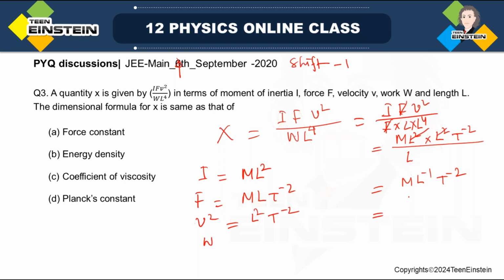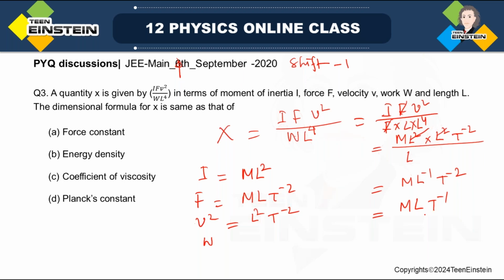So look what I can write. I can write ml t to the power minus 1. Okay, just I'm writing ml t to the power minus 1. So this is force.